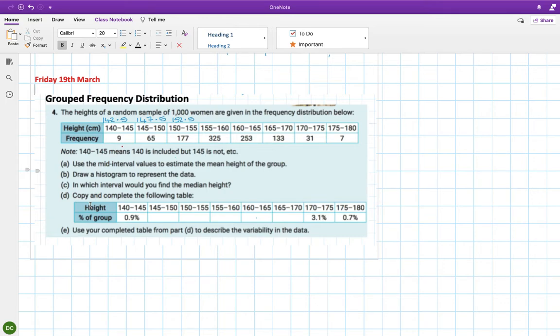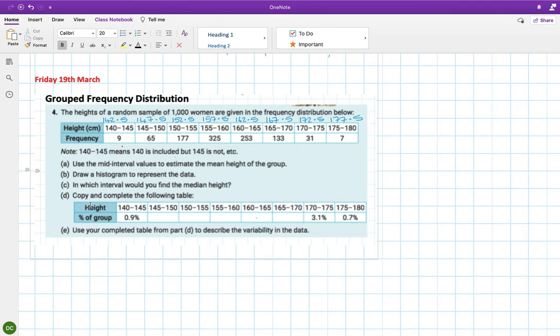The next one then is 157.5, 162.5, 167.5, 172.5, and 177.5. Okay, so they're all the mid-interval values.